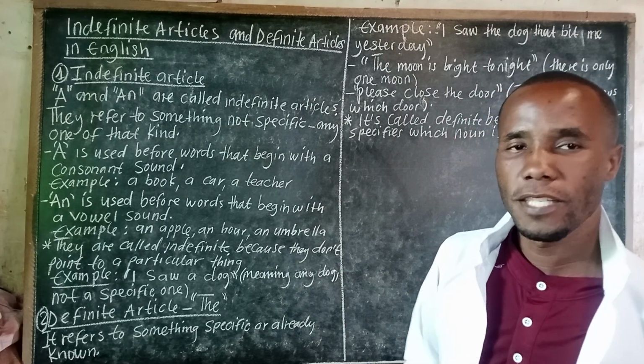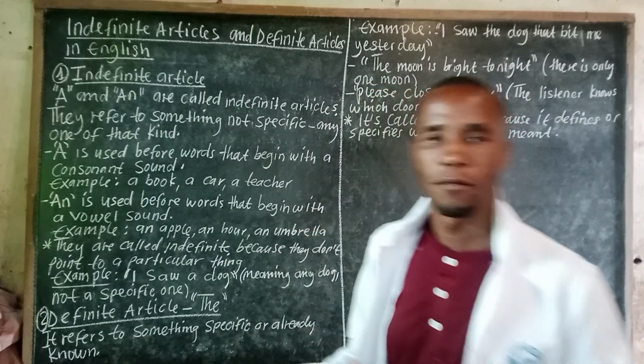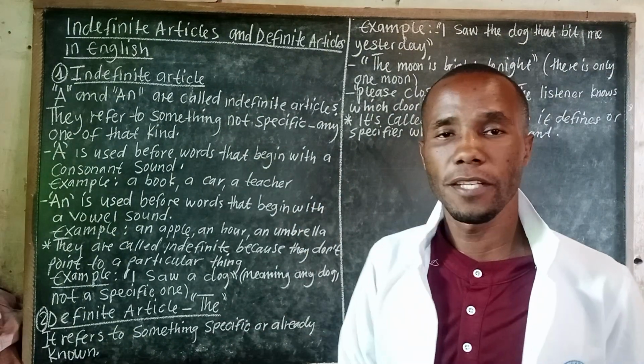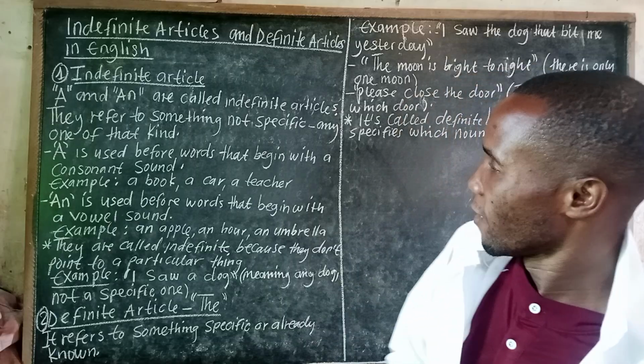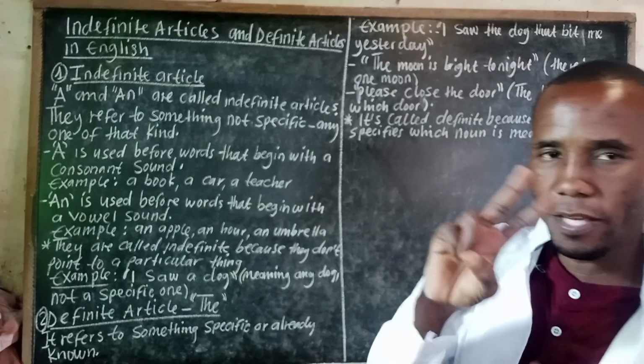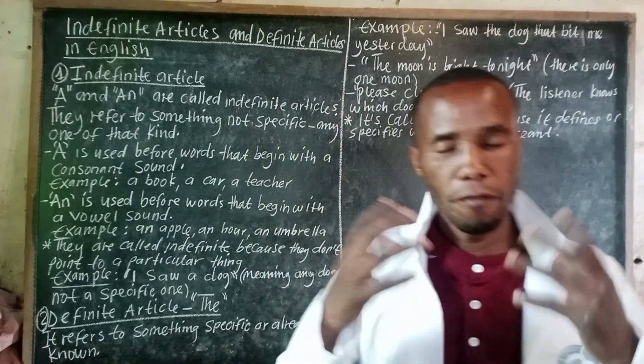Then let's come to an. Remember, I said we have two indefinite articles: a and an. So what's the difference between the two? An is used before words that begin with a vowel.